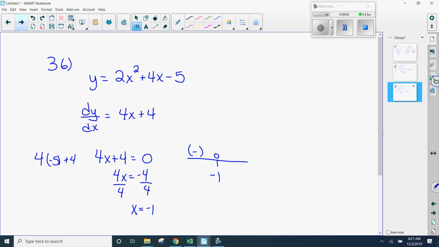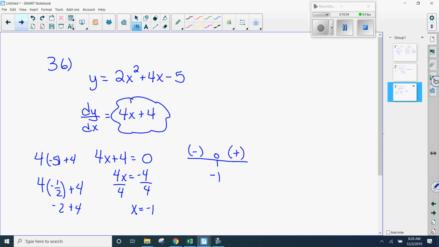Any value less than negative 1 is going to give you a negative slope. What happens for a value greater than negative 1, such as 0? If I put 0 into my slope equation for x, you're going to get 4. That's a positive slope. What happens if you put negative 1/2 in there? 4 times negative 1/2 plus 4. That gives you negative 2 plus 4, which is 2. That's a positive value. So your slope will be positive for all values greater than negative 1.